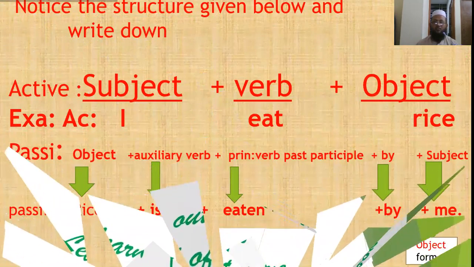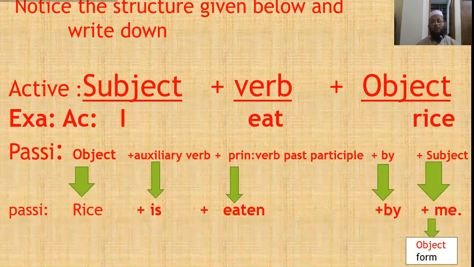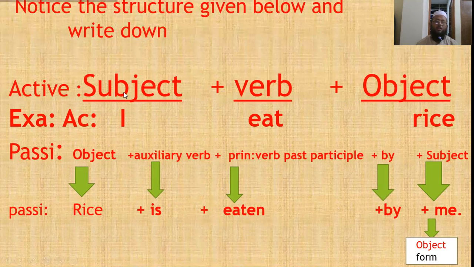Notice the structure given below and must write down. Here, active sense: subject plus verb plus object. Example, active voice: I subject, eat verb, rice object.